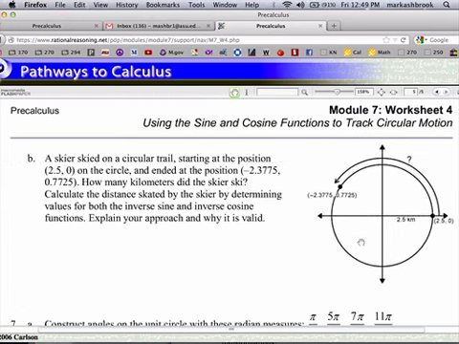So in part B, we get the same distance above the horizontal, see? Which was what, 0.309? And when we put that into arcsine, we get the same thing out. What was our number of radius lengths? 0.314? Did the skier ski 0.314 radius lengths?